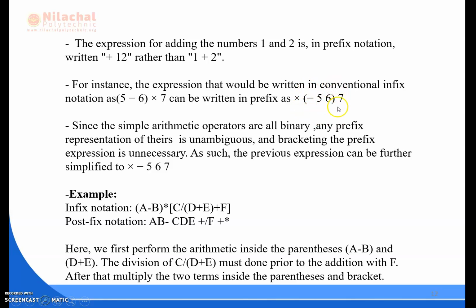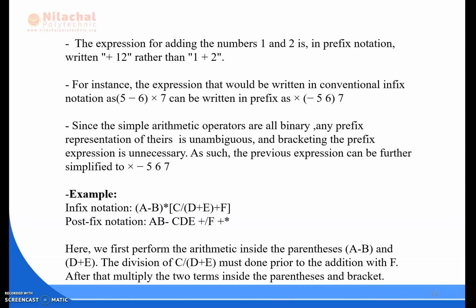This parenthesis is not necessarily written, but it is written to avoid any confusion. Since the simple arithmetic operators are binary, any prefix representation of theirs is unambiguous.